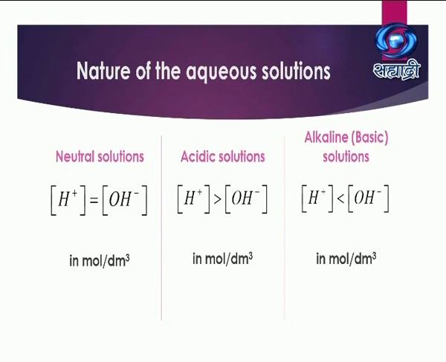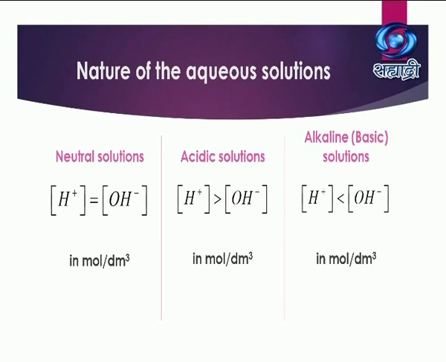Now, the nature of aqueous solutions. We know that pure water is neutral in nature. Now, under Oswald's dilution law, we saw that the acidic nature of a solution is due to the presence of H plus ions, and the basic or alkaline nature of a solution is due to the presence of OH minus ions.